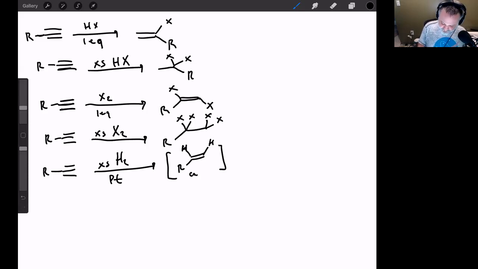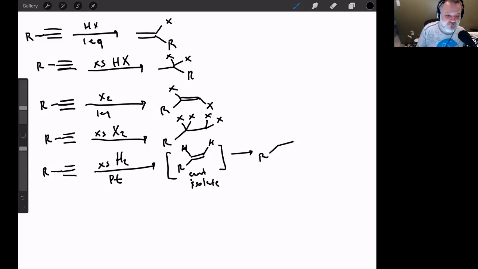We can't isolate this thing. And this is going to continue to react because it's actually more reactive than the alkyne. And you end up with a fully reduced alkane. So again, there's really nothing new going on with that.